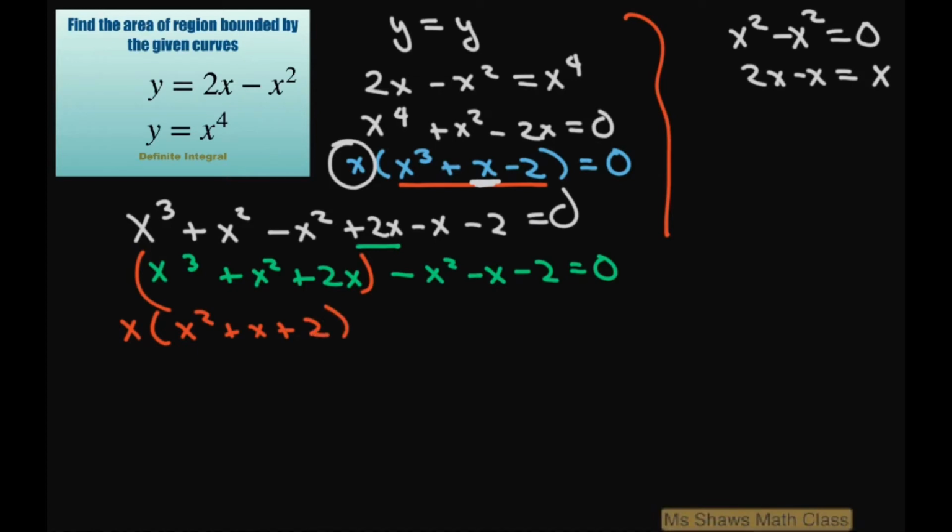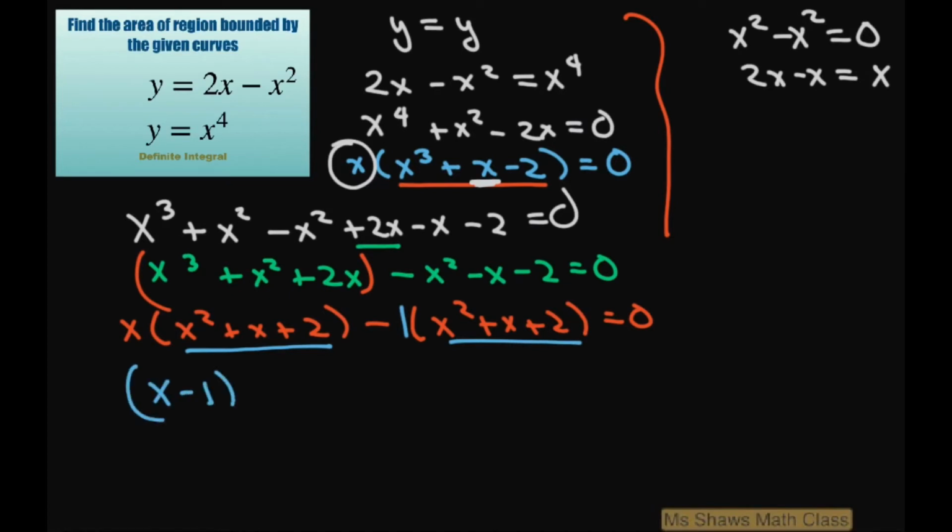And for this piece, you're going to get minus, so change all the signs here, x squared plus x plus 2. Since these are the same quantities, we can write this as x minus 1 times x squared plus x plus 2.